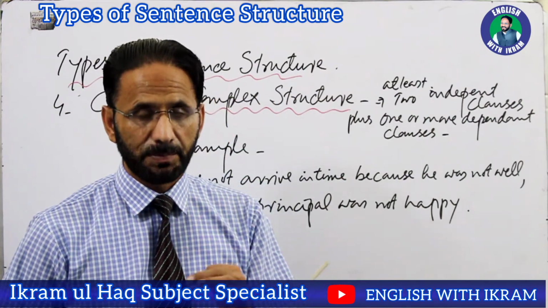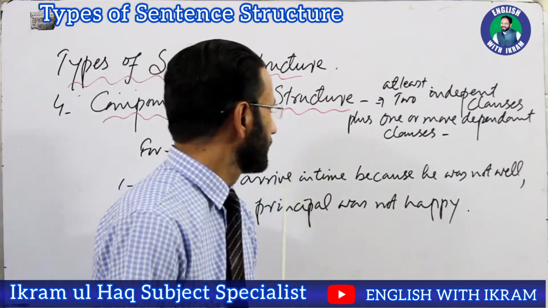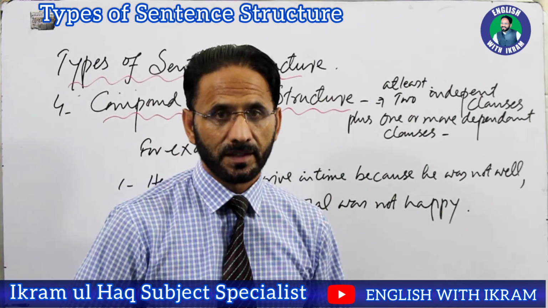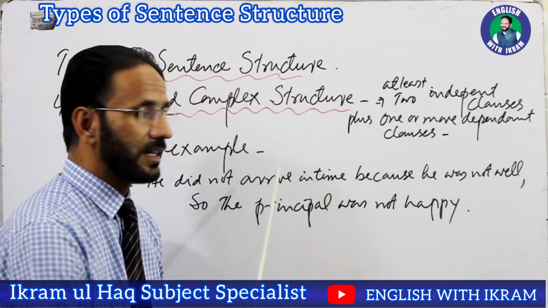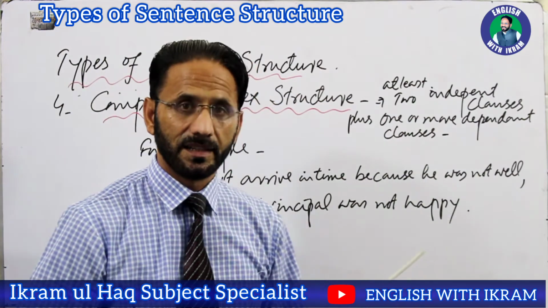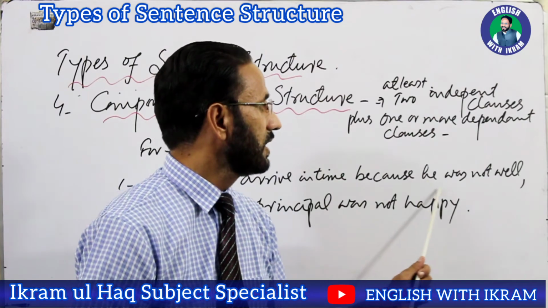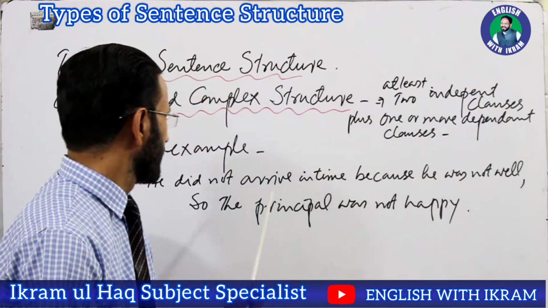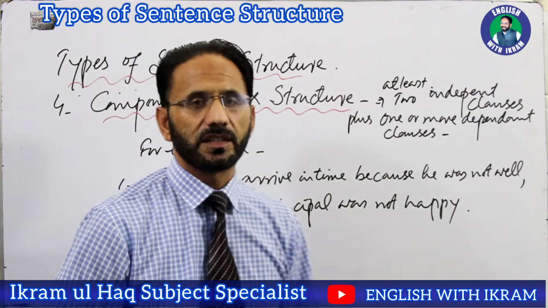Dependent clauses. For example, here is a sentence: he did not arrive in time. This is an independent clause. Because he was not well: this is a dependent clause. And another clause: so the principal was not happy.